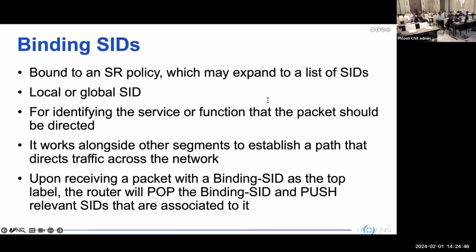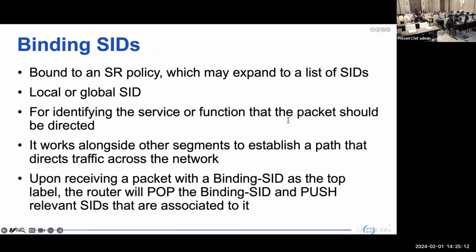In addition to node seed, Anycast seed, and adjacency seed, there is also another kind of seed called binding seed. A binding seed is bound to an SR policy, which may be expanded to a list of seeds. It can be either locally or globally significant. When a packet is sent through the network, the binding seed is used to identify the service or function to which the packet should be directed.